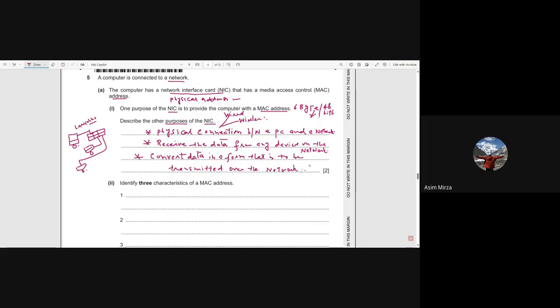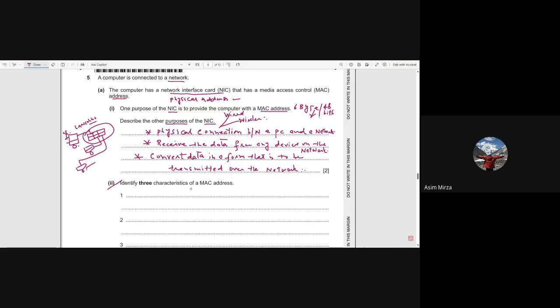What does it mean? Say, for example, you are sending some data to this computer. This data will be converted into a form so that it can be transmitted over the LAN by using different protocols, and that is received by the other computer, right?